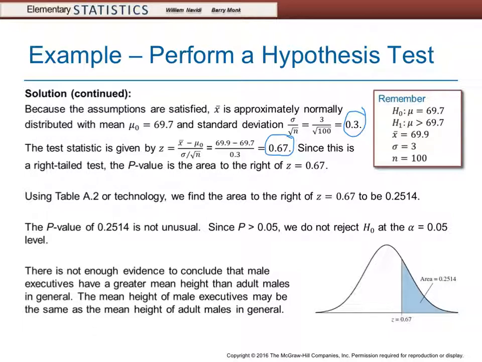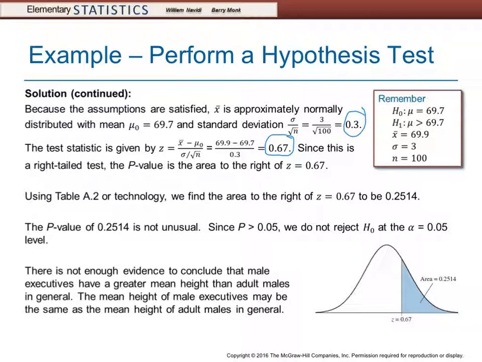Since this is a right-tailed test, the p-value is the area to the right of z equals 0.67. So we use table A2, or technology, and we find the area to the right of z equals 0.67 to be 0.2514.